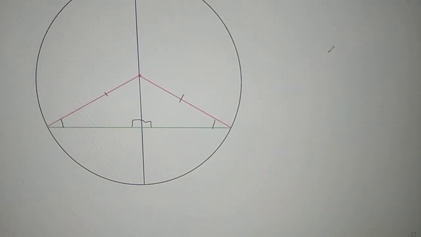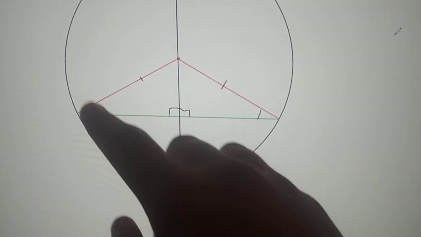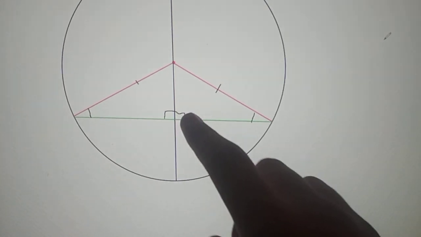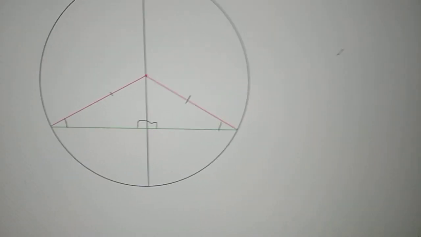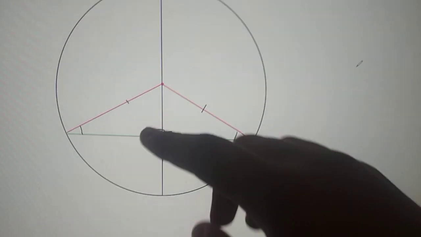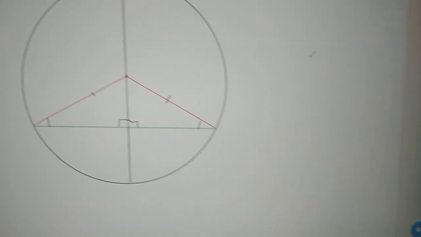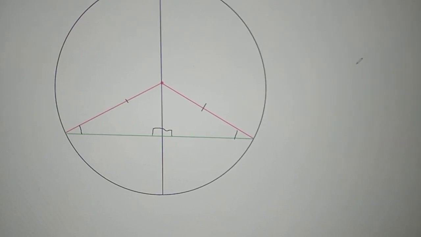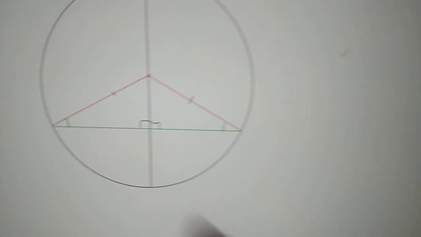Oh, wait a second. What do we have here? We see that this is equal to this and this is equal to this. And we also know that this angle is equal to itself. This side is equal to itself. So wait, I think I remember something. I don't know if you remember, but I do.